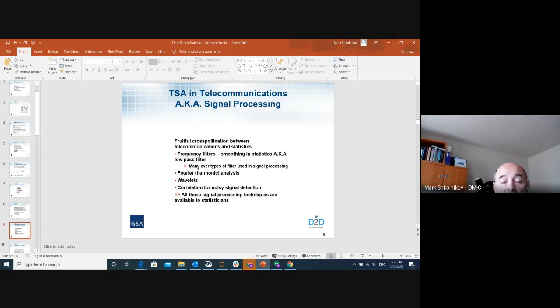So what was also a good example of using statistics in telecommunications is correlation to detect a signal in a noisy environment. A prime example would be a radar sending a pulse, and the pulse is reflected by the airplane, and it comes back, and it is very, very weak. It traveled lots of distance, and the reflection is not one-to-one, so it's very hard to detect.